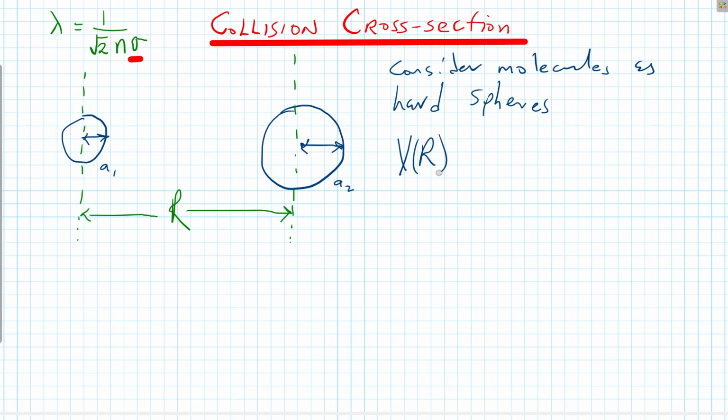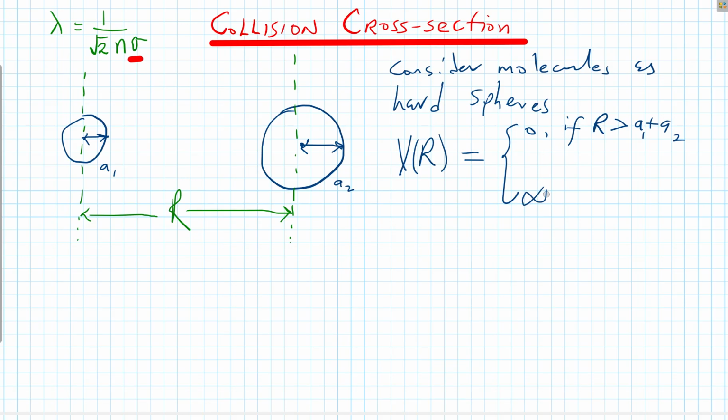It's going to be a function of R, and this potential energy is equal to 0 if the separation between the two molecules is greater than the sum of the radii of the molecules. So if R is greater than A1 plus A2, V is going to be 0.